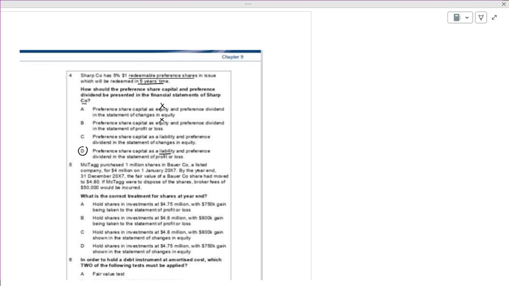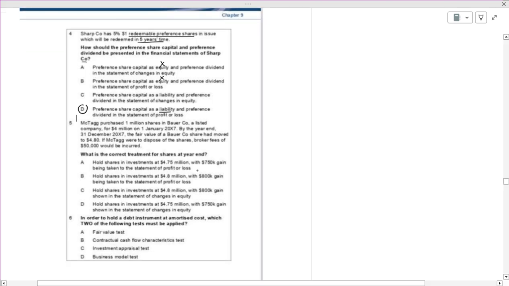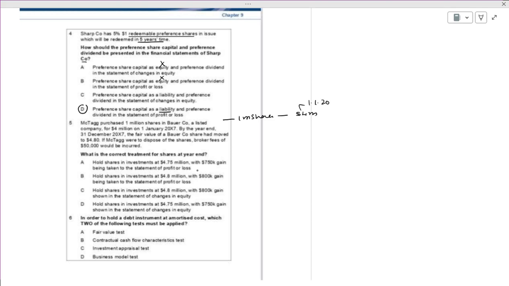Mactag purchased 1 million shares of a listed company for 4 million. They have paid 4 million for 1 million shares, purchased on 1st of January 2007.